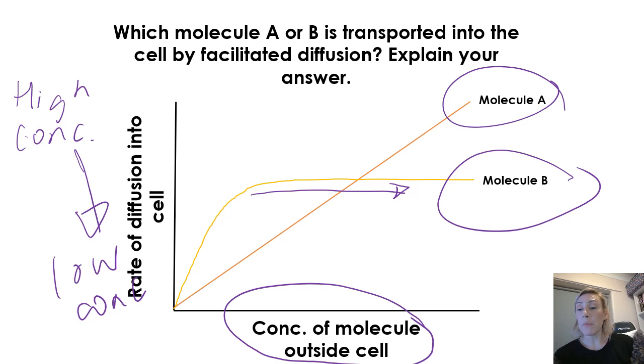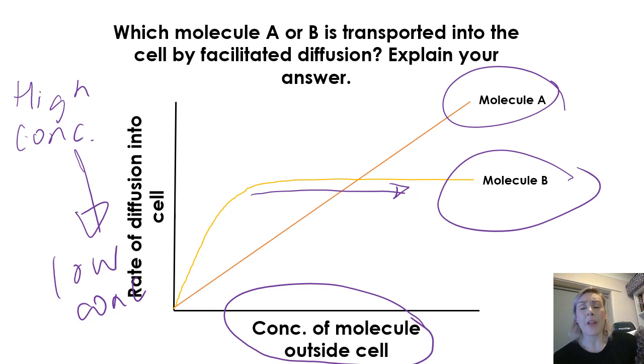More of the molecule on the outside of the cell means it'll collide more often with the membrane. In the case of molecule A, it's moving across the membrane by simple diffusion, so it just has to collide with a gap in the phospholipid bilayer and it can move across.